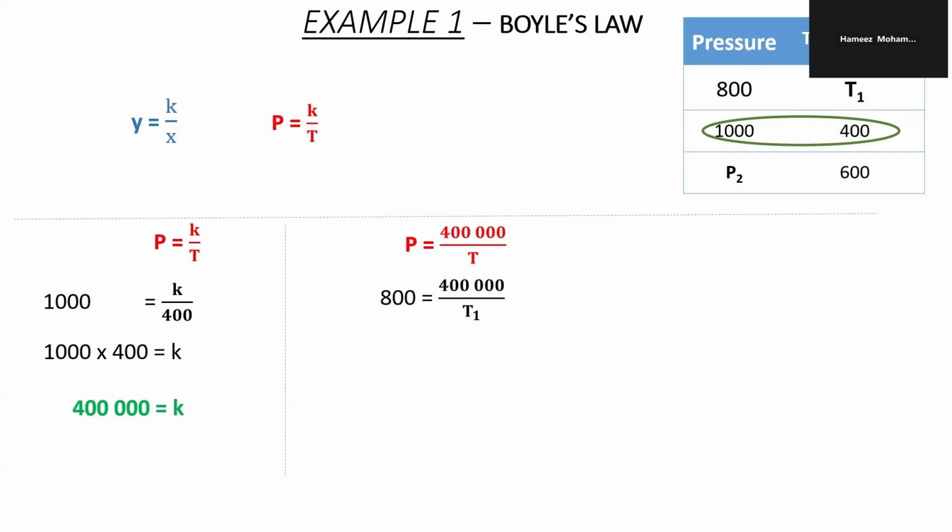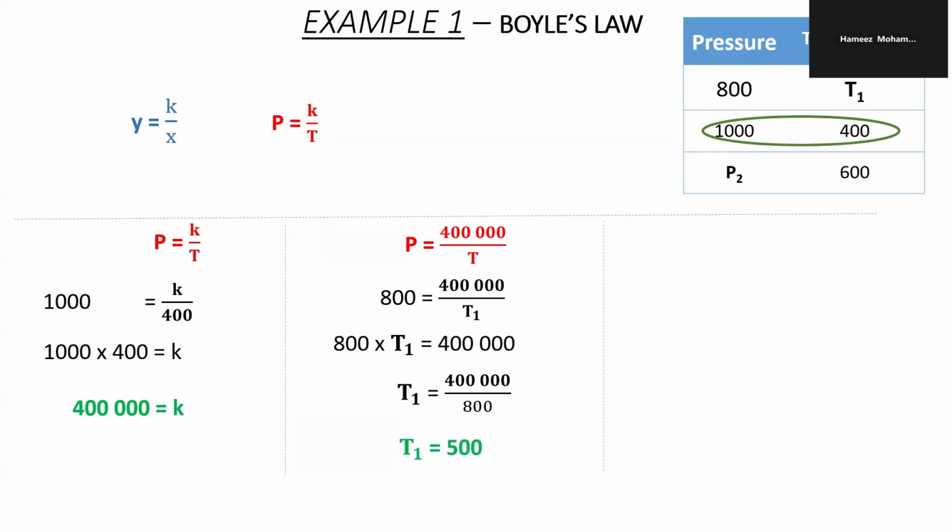So 800 is 400,000 divided by T1. So the T1 is dividing, we could carry it across. So it'll be 800 times T1 is 400,000. If I want to find T1 alone, we could divide by 800 on both sides. So we're going to get 400,000 over 800. The 2 zeros cancel by 2 zeros, 8 into 4,000 is 500. So the temperature is 500.